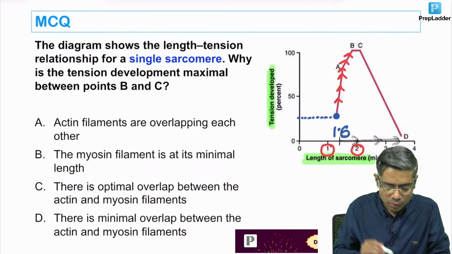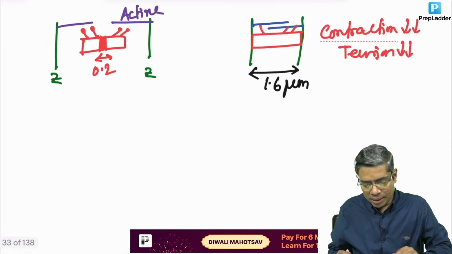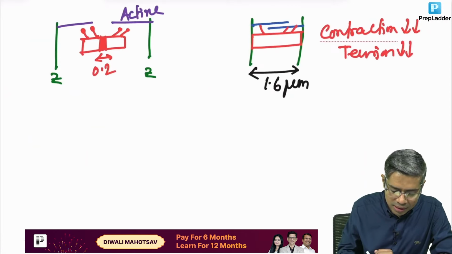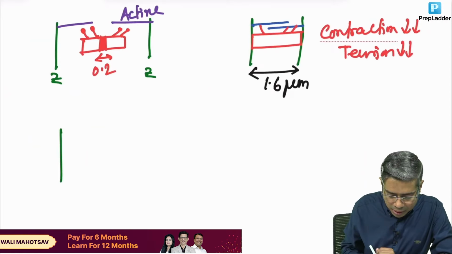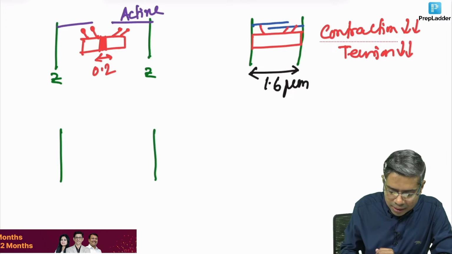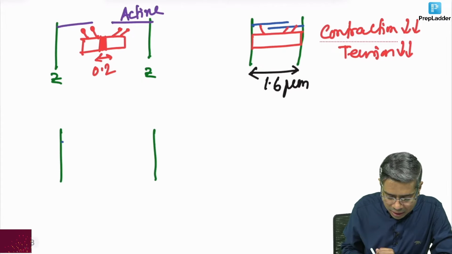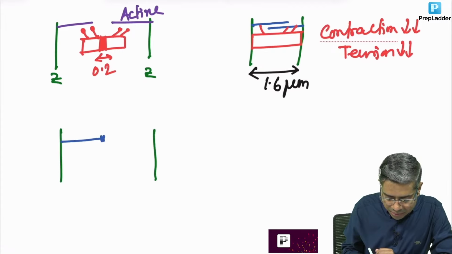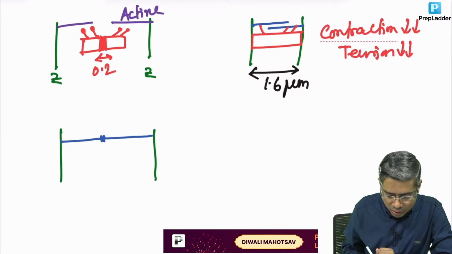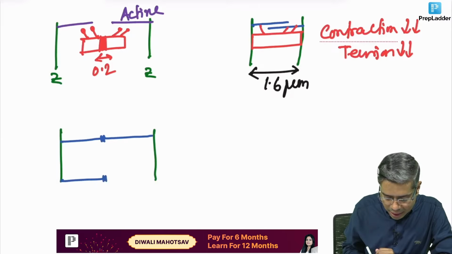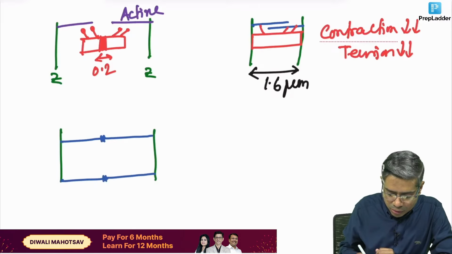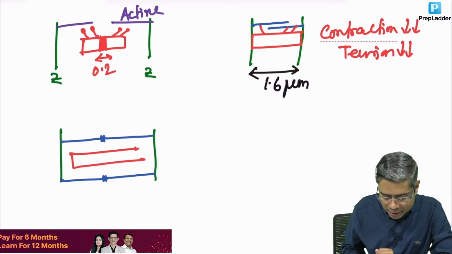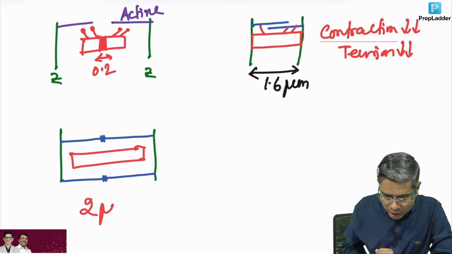So what is there in this plateau? Suppose the Z line is here, the Z line is here, and two actins are just touching at their tips, one actin and another actin. In this case, the length of the sarcomere is 2 micrometer.